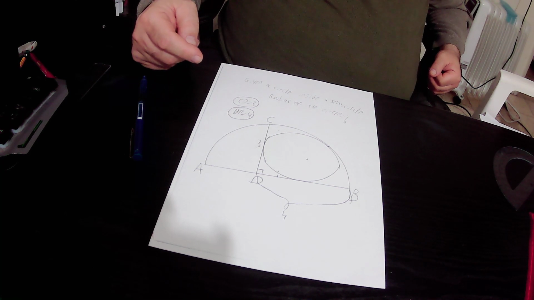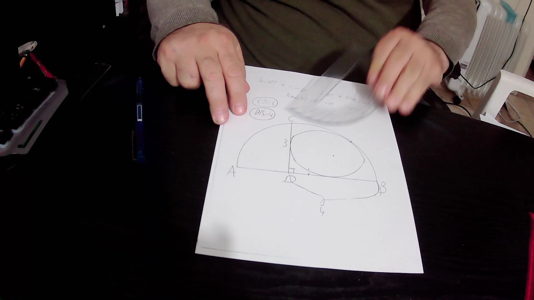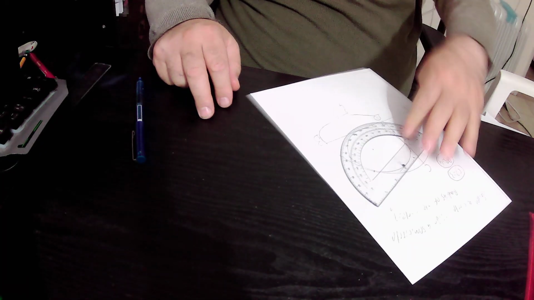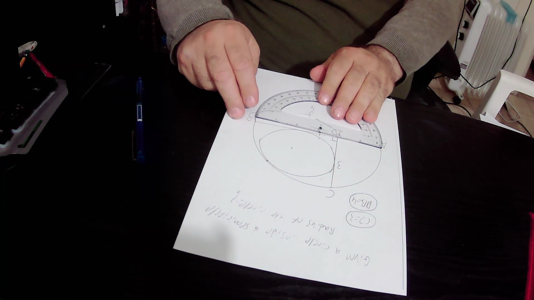Okay, so first of all, we'll start with a construction. We'll complete the semicircle to a circle.